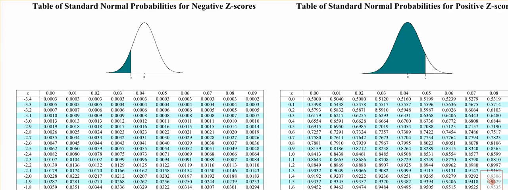So those z numbers give us a standard way to show or determine the area under the curve that's being covered, what percentage.